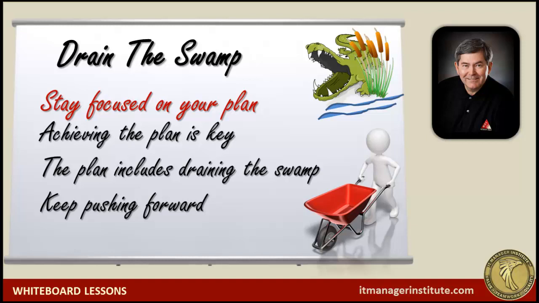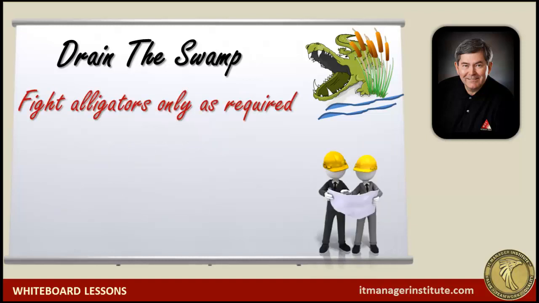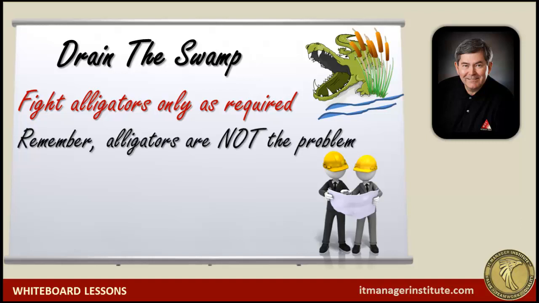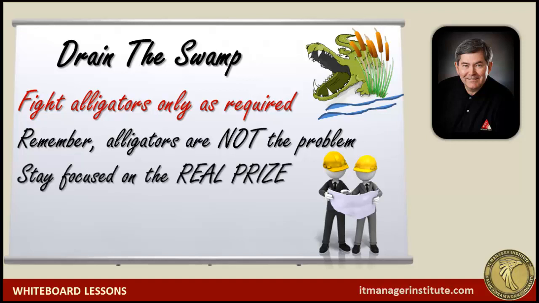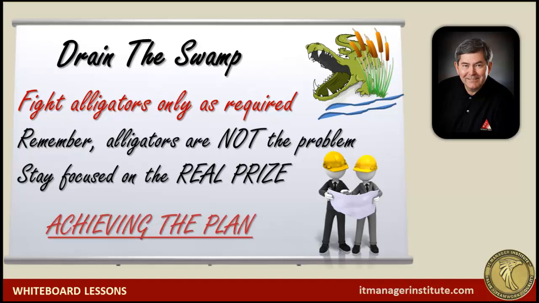So keep pushing forward. You want to fight alligators only as required, or fight your problems only as required. Remember, alligators are the problems that you're having. Those are not the real problem. The real problem is the swamp. So stay focused on the real prize, the real objectives that you have in your IT organization.